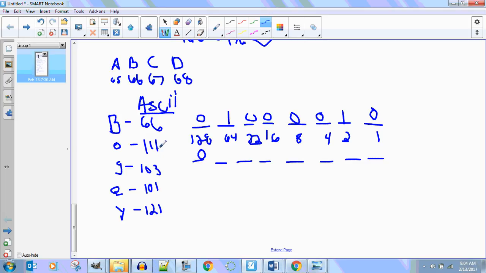111 is 64 plus 32, which is 96. 96, I can't add the 16. I can add the 8. That's 104. Lowercase a is 97, b is 98, c is 99.